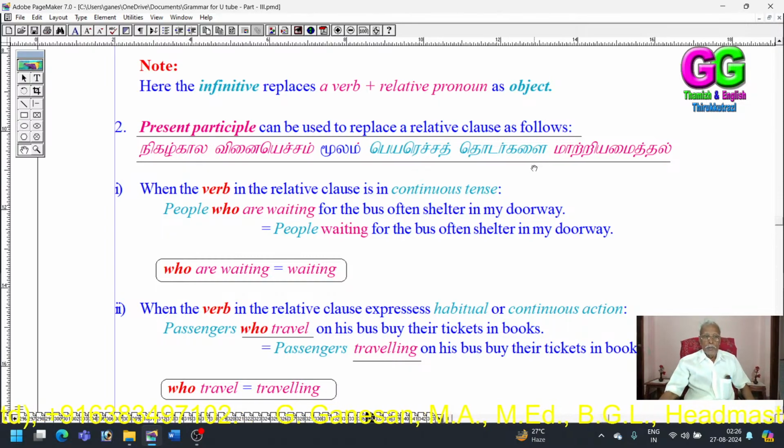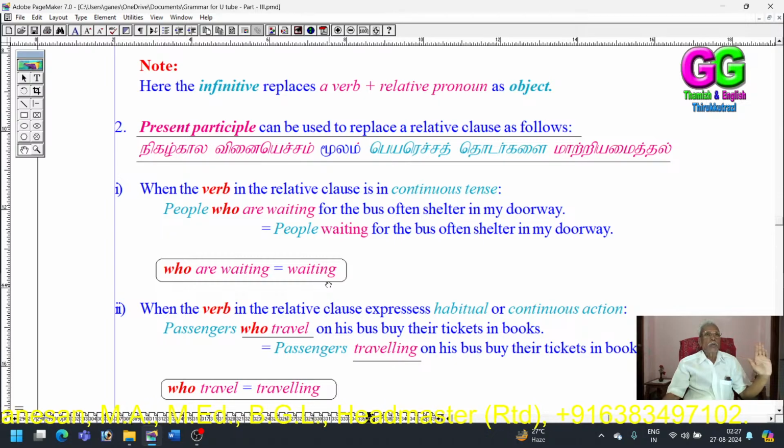You see, when the verb in the relative clause is in continuous tense: people who are waiting for the bus often shelter in my doorway is equal to people waiting for the bus often shelter in my doorway. That is, this clause is replaced by the participle waiting.